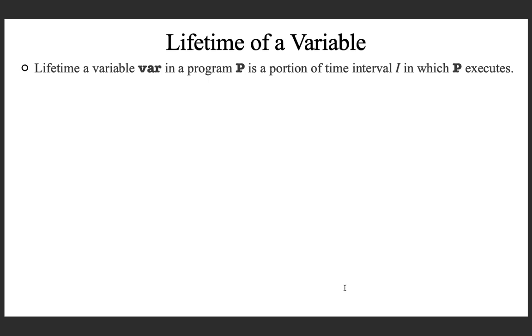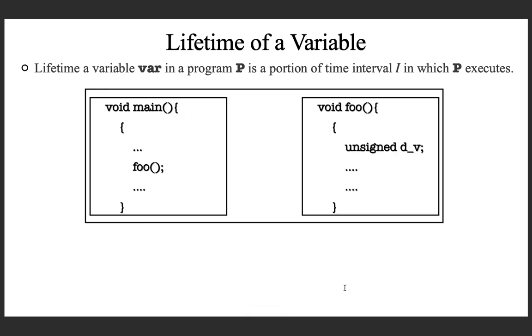The lifetime of a variable is a time window within the time between M and N. I will show you a picture including the timeline to make it clear. Please don't get worried about it. Consider an example program. Here we have a program with two functions, the main function and the function foo.